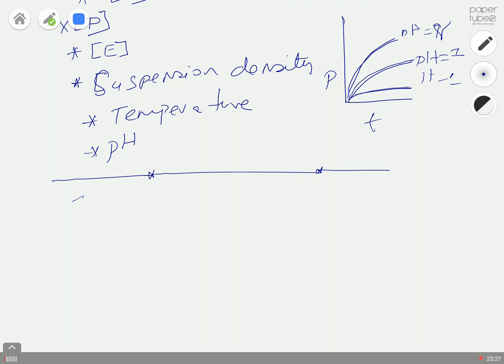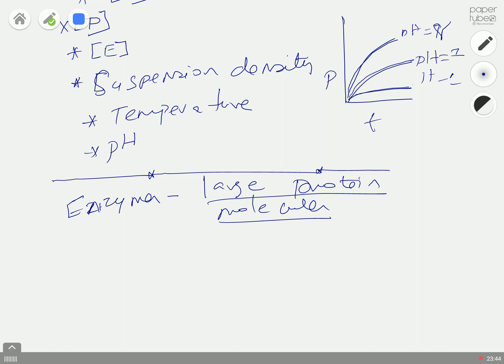And then one more thing, so what are enzymes? Enzymes are large protein molecules. I think I'm repeating this, but still take this as a message. They are large protein molecules composed of amino acids called polypeptide chains.